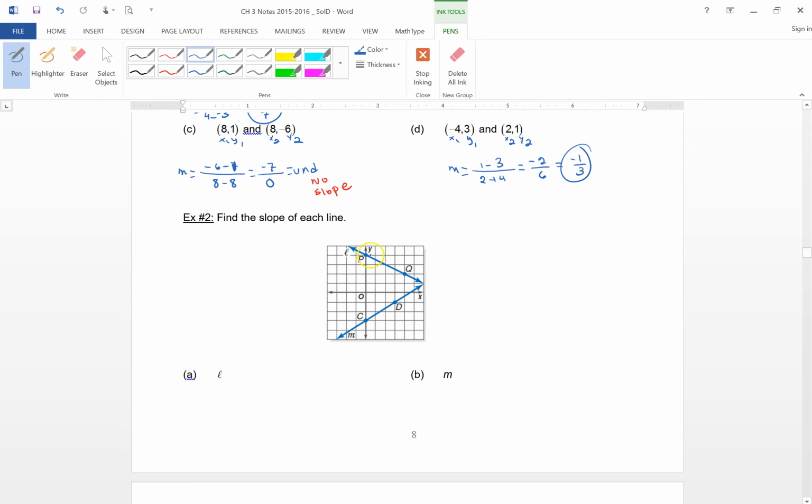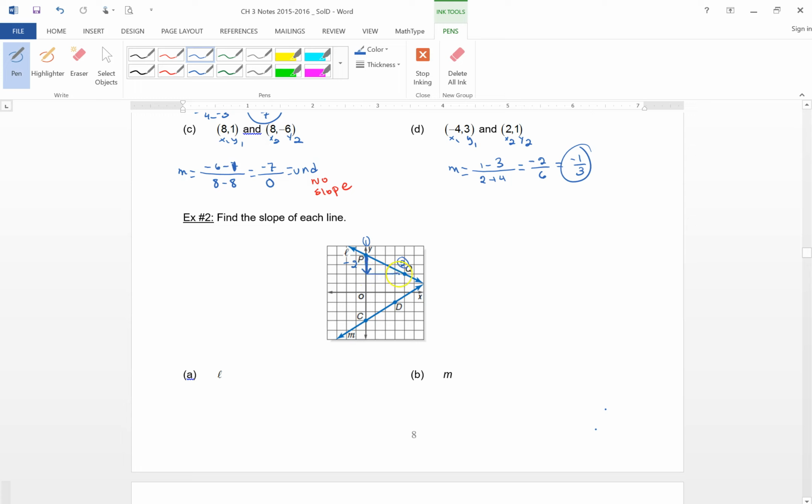So we start with the point further to the left, and go to the point further to the right. Now, to go from this to this point, what do I have to do? I have to go down a little bit. How much did I go down? 2 units. And because I went down and not up, it's negative 2.